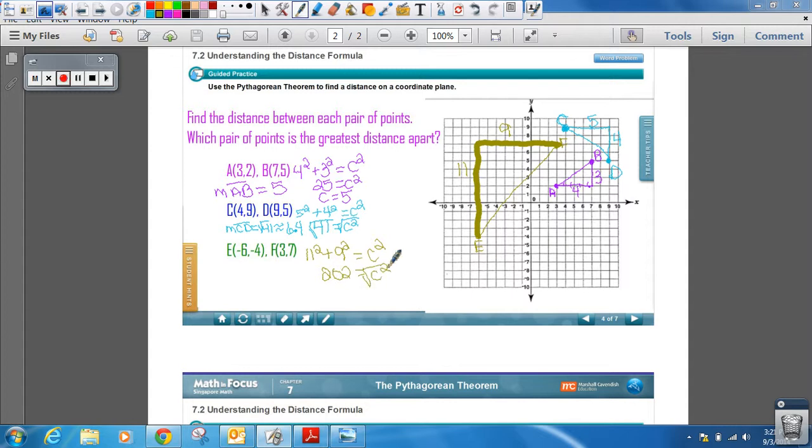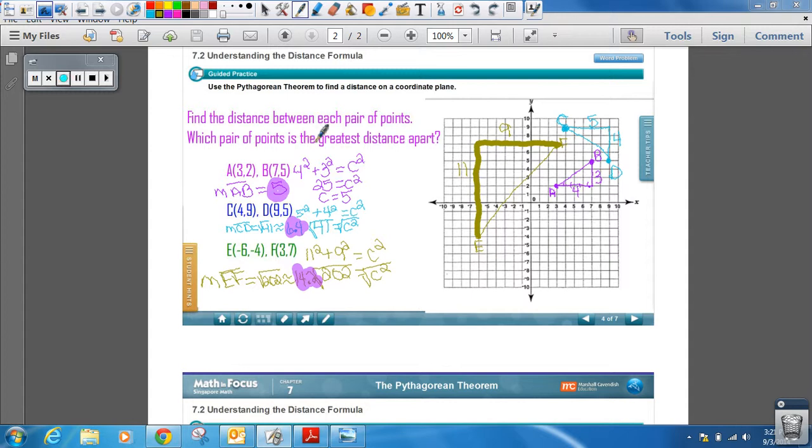The opposite of squaring something is to take the square root. So over here I get the measure of EF is equal to the square root of 202, which is approximately 14.2. So if I look at my thing up here, it said find the distance between each pair of points. I did. Here are my distances. I have 5, 6.4, and 14.2.